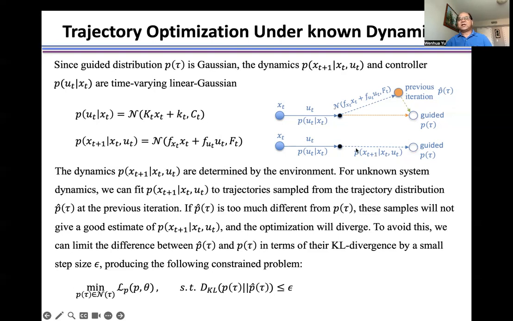But in most cases, we don't know the accurate system dynamics. So we suppose the guiding distribution is Gaussian.